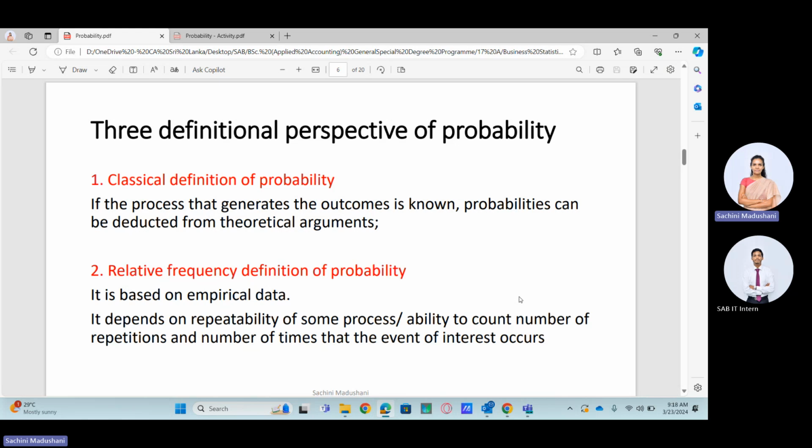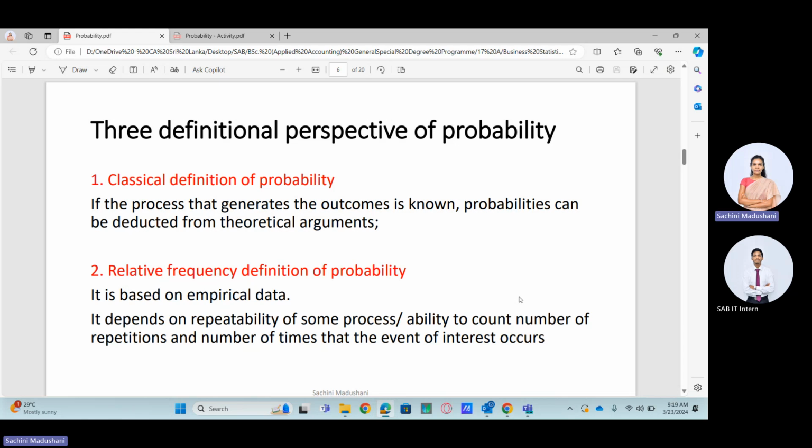For example, take the probability of getting a defective item in our production batch. First we conduct the experiment and identify how many defective items there are.